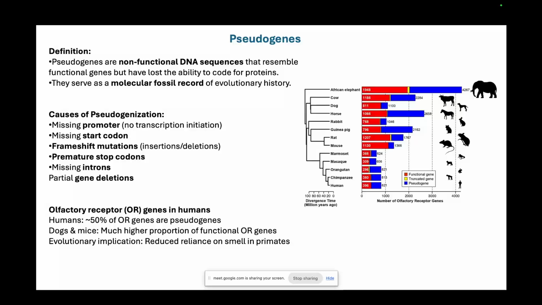Maybe the start codon got mutated. Maybe it had frameshift mutations. It had premature stop codons, missing introns, or a part of the gene or some exons are fully deleted. So a variety of reasons can be there for pseudogenization, as we call it, converting a fully functional gene into a pseudogene.